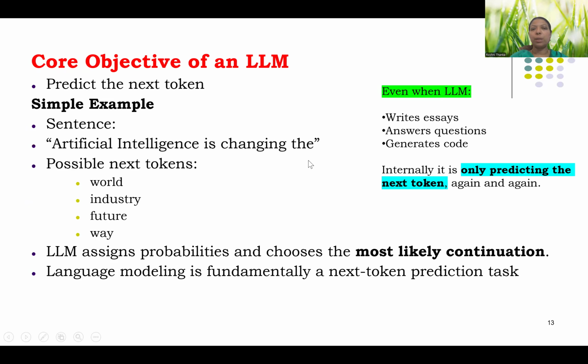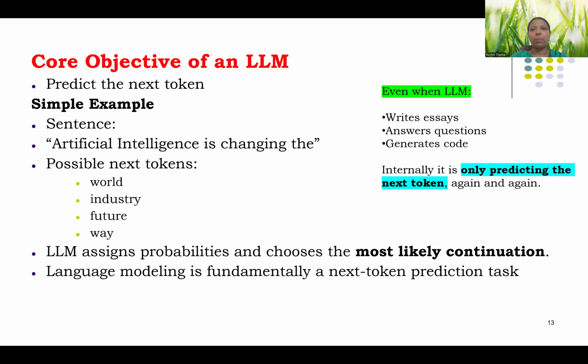It is able to predict the next token based on probability. Whichever token's probability is most suitable for this particular sentence will be taken as the next token. That's what will be happening. All this assignment is done based on probability. The most likely token will be chosen and placed in this position. So it is going to only predict the next token again and again.